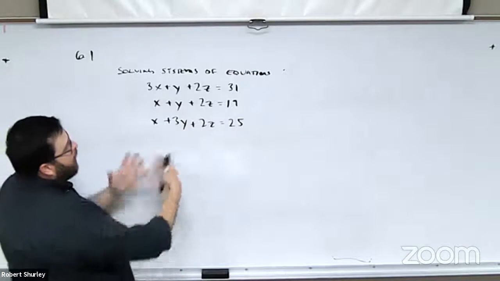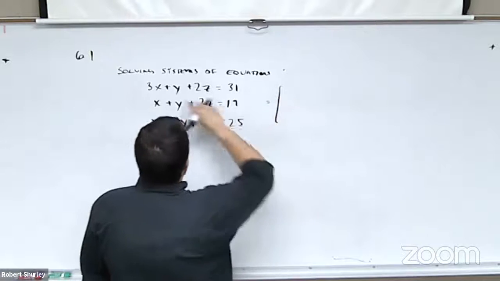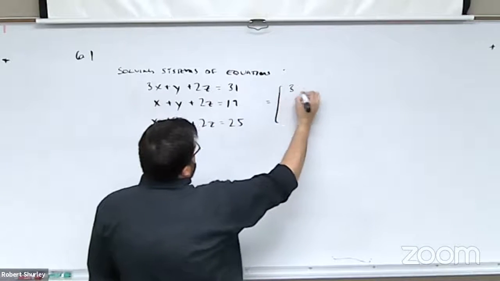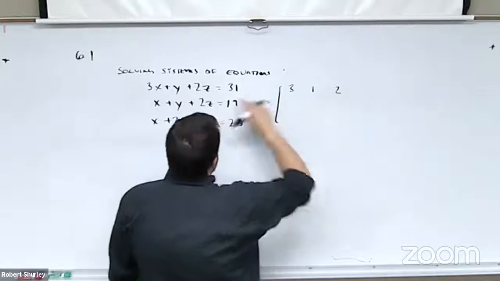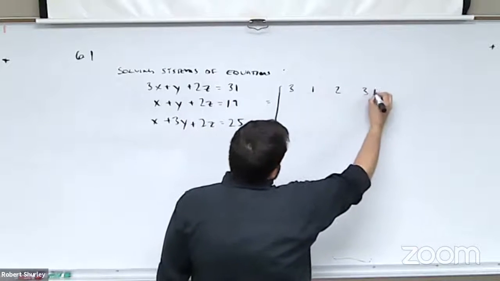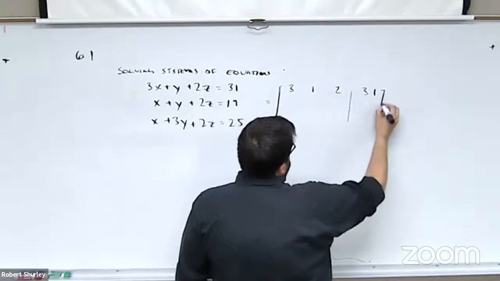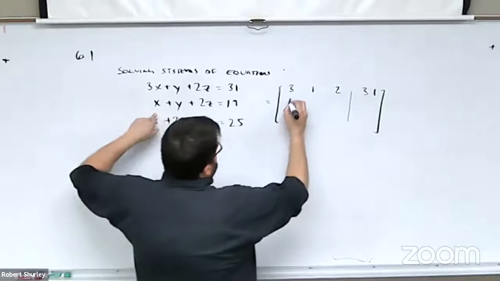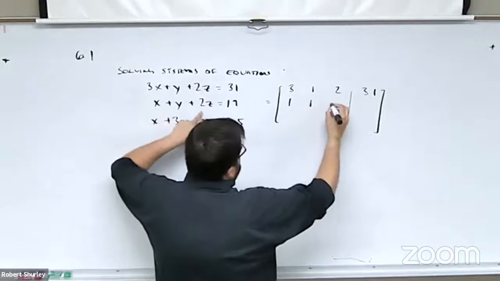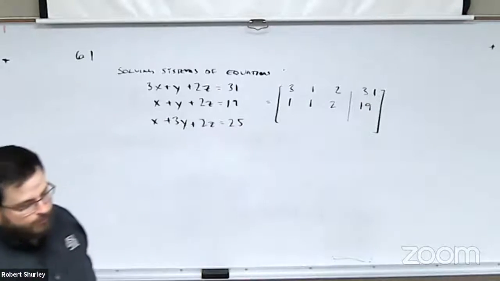So let's create this matrix. As a matrix, this is going to be 3, 1, 2, 31, right? So I'm going to create a little line there, that's where our equal sign is. And the next equation is going to be 1x plus 1y plus 2z equals 19.